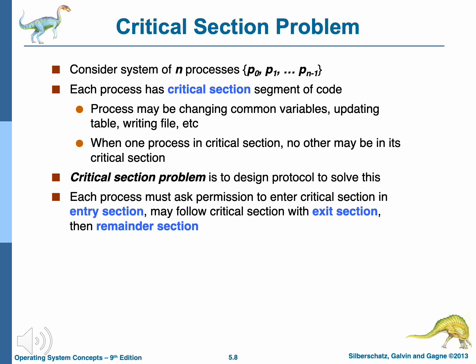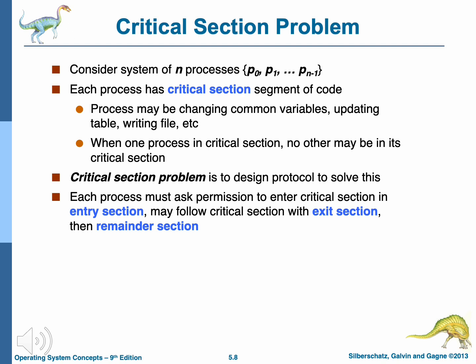The important feature of the system is that when one process is executing in its critical section, no other process is allowed to execute in its critical section. That is, no two processes are executing in their critical sections at the same time.